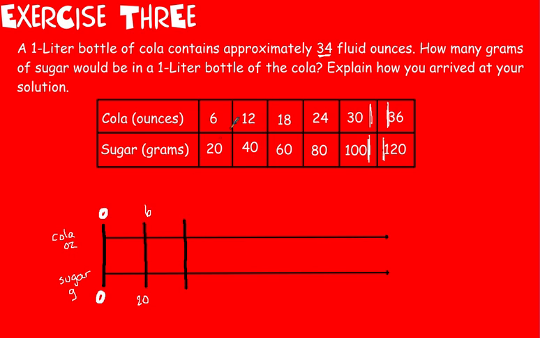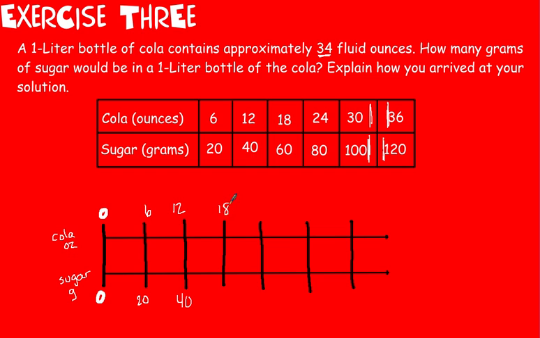Okay, so my next line, and I try to make them as evenly spaced as possible. So I'm going to draw, so I have 1, 2, 3, 4, 5, 6. And now I'm going to put in my numbers. So I know that my next number of ounces is 12, and my next number of grams is 40.